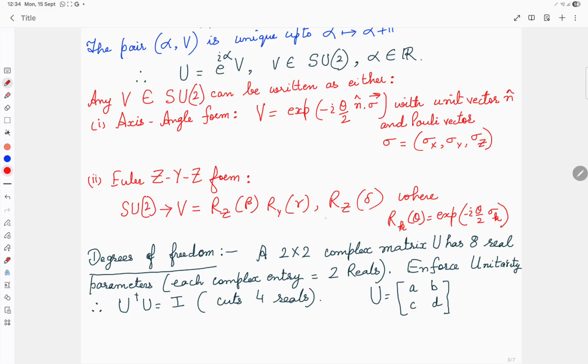So 3 angles we need to find out, β, γ and δ. If we find these 3 angles, we will be able to obtain the decomposition of any SU(2) matrix. So if we are given any special unitary 2 by 2 matrix, we can decompose it using the rotation gates.